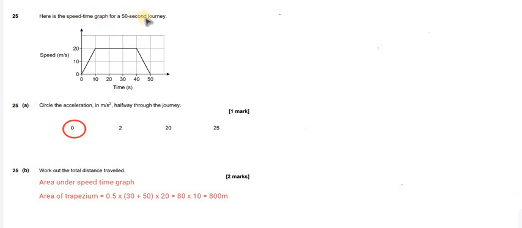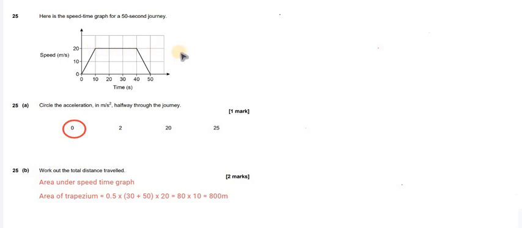Question 25. Here is the speed time graph for a 50-second journey. Circle the acceleration in meters per second squared halfway through the journey. Halfway through a 50-second journey is about 25 seconds. At that point, within that range, there is no change in speed.